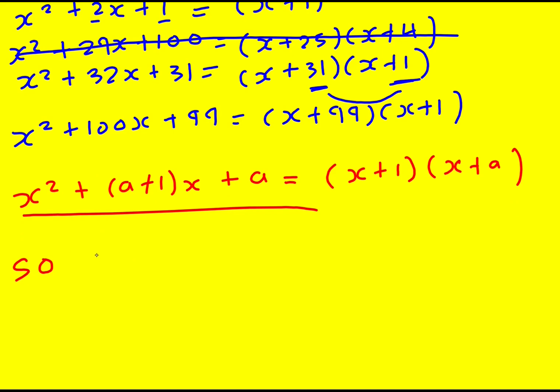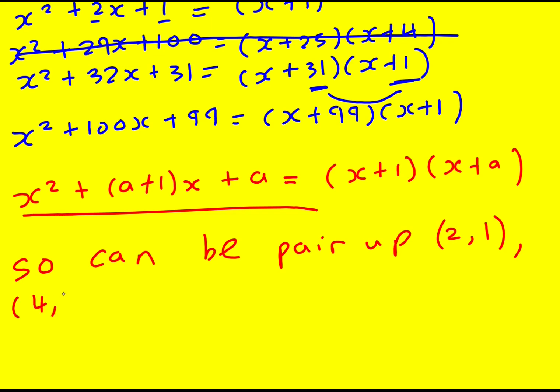And so we compare up 2 and 1, pairing them up, 4 and 3, and so on, up to 199.